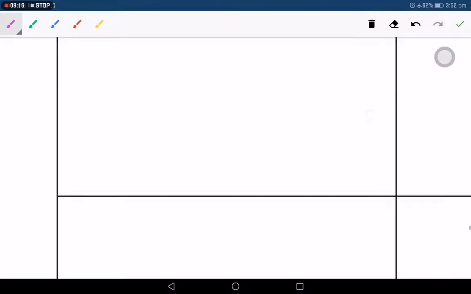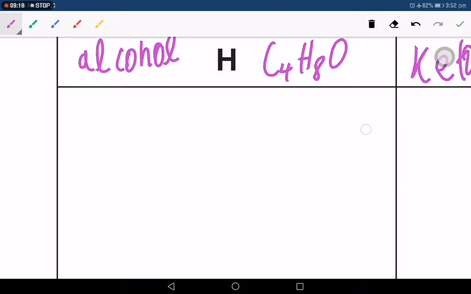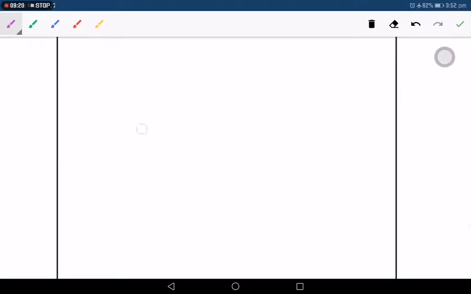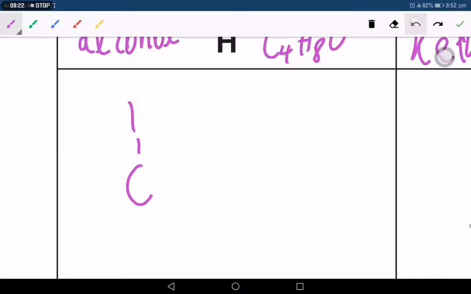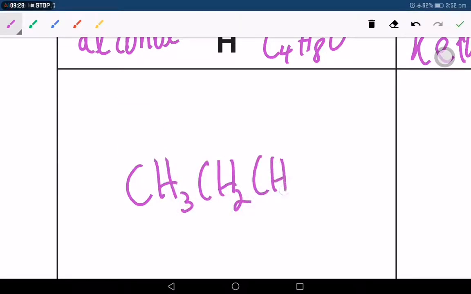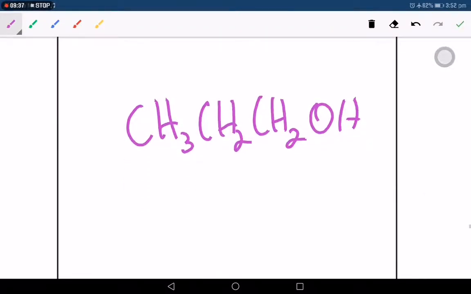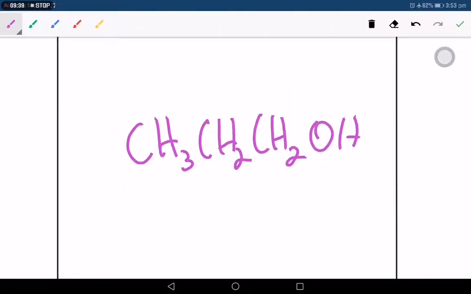There are 3 isomers of H. So CH3, CH2, CH2OH. 3 plus 2 plus 2 gives you 7. It's the 8th, right? CH3, CH2, CH2OH.